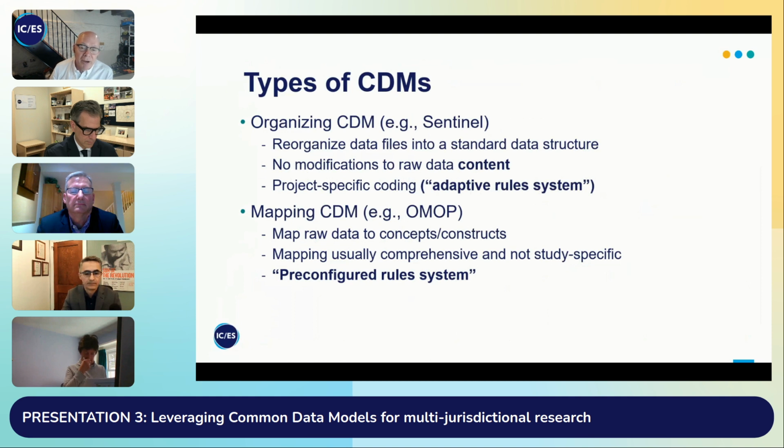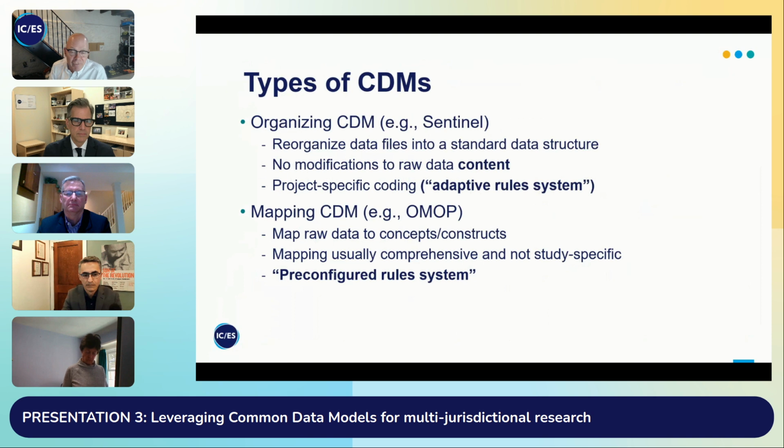So now I want to break down a couple of different types of common data models, and you're going to see both of these examples throughout the day. So I'm going to talk about an organizing CDM, and the Sentinel that Mike Patterson is going to talk about is an example of an organizing CDM. Essentially, an organizing CDM just reorganizes the data files into a standard data structure, and it doesn't modify the raw data content in any way.